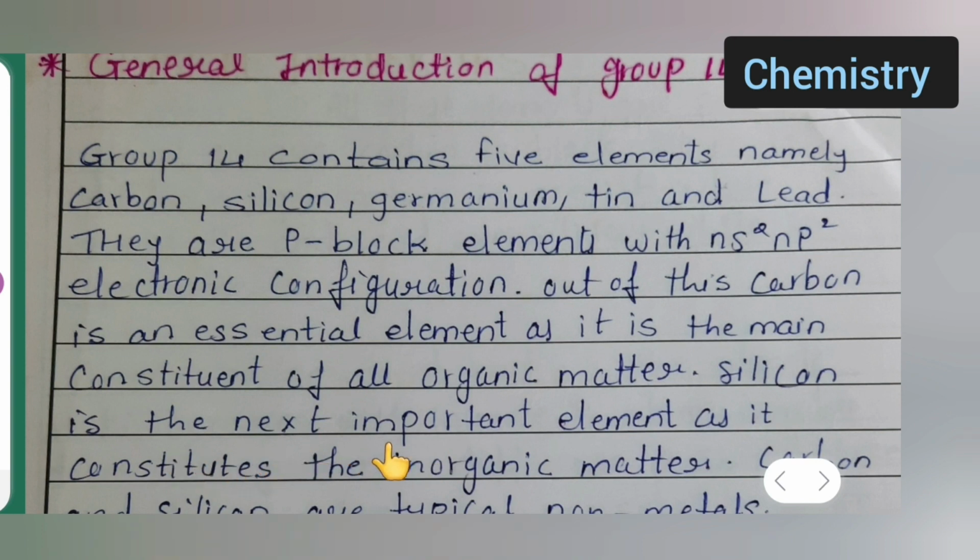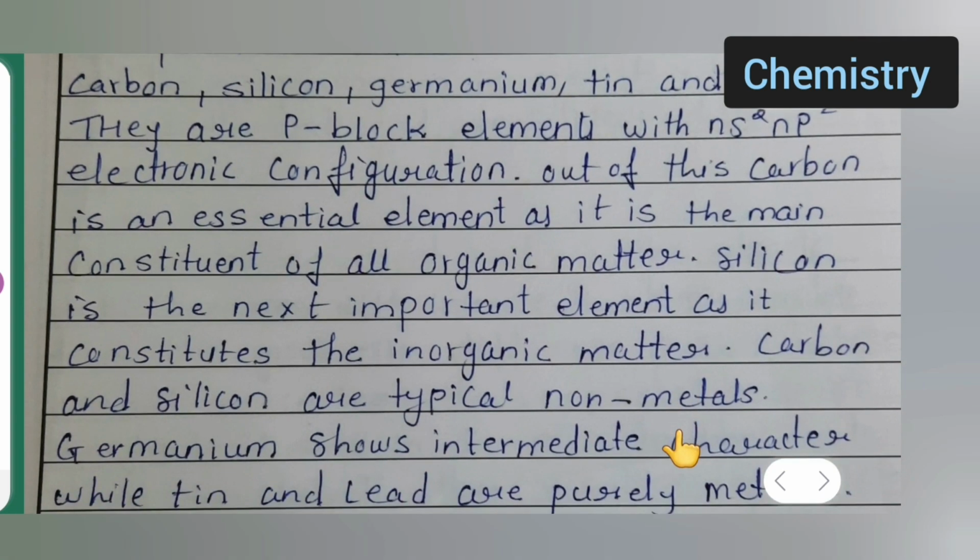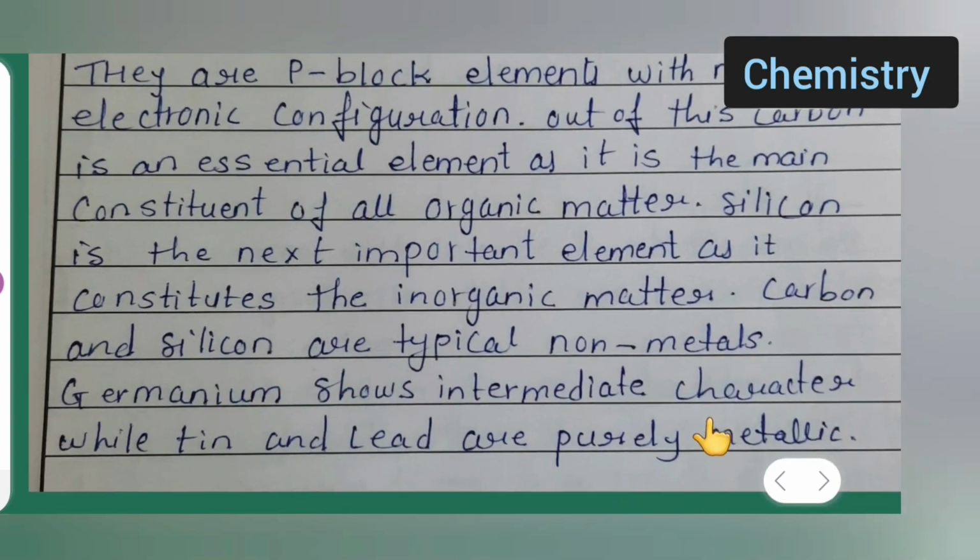Silicon is the next important element as it constitutes the inorganic matter. Carbon and silicon are typical non-metals. Germanium shows intermediate character while tin and lead are purely metallic.